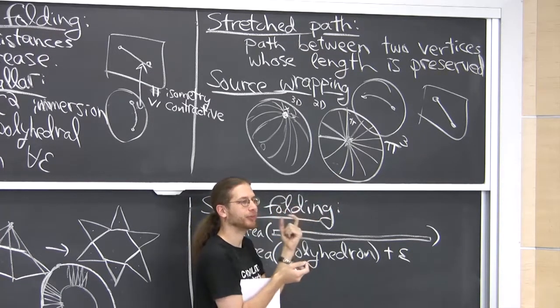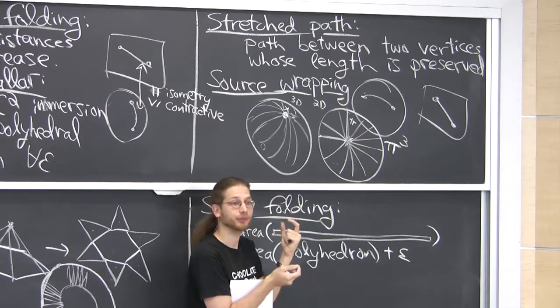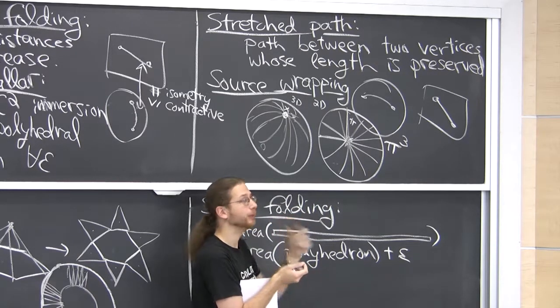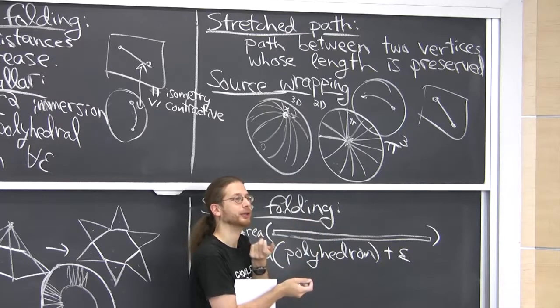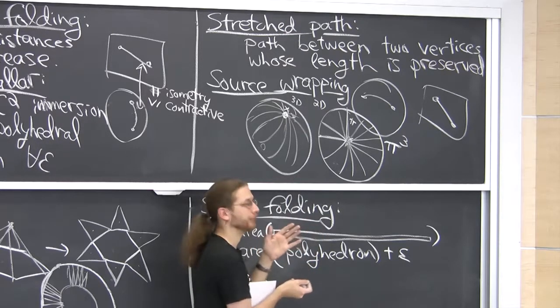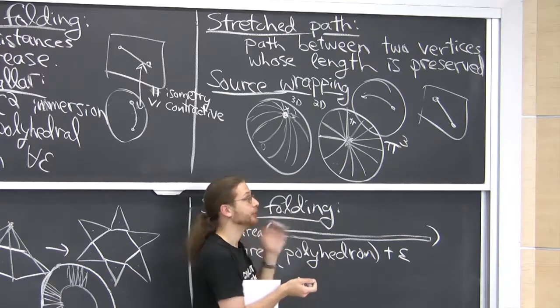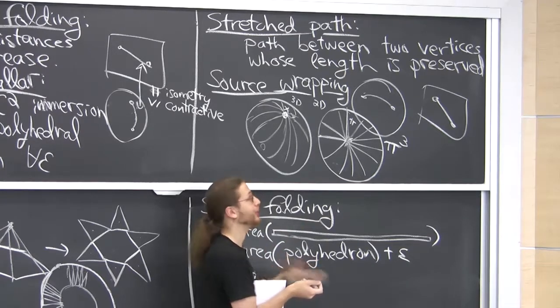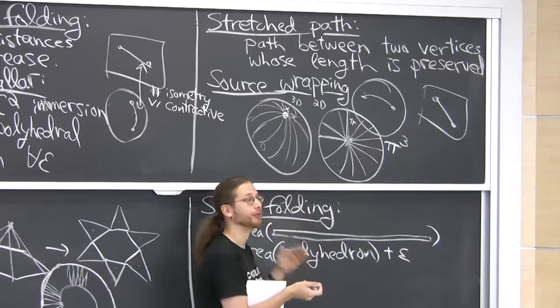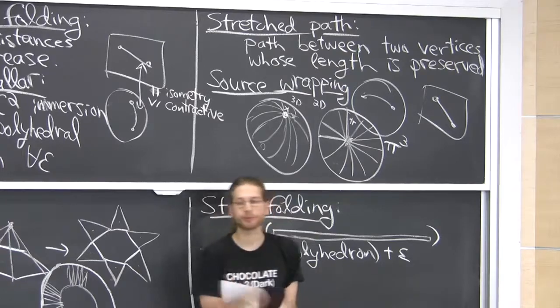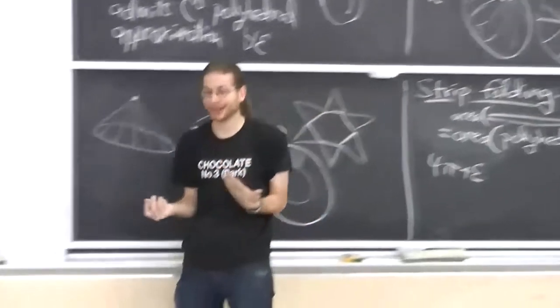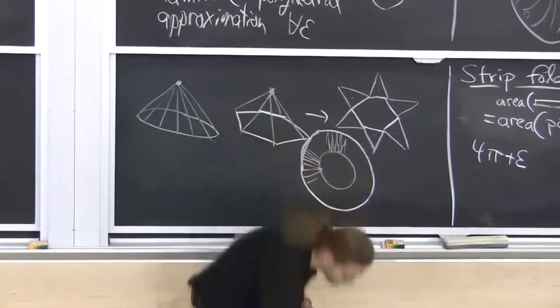How much area do you lose when you make your thing a little bit bigger? Well, it's roughly the perimeter times epsilon. It's a little bit different from that, but basically perimeter times epsilon. So if you minimize perimeter, then your area wastage from double coverage will go down. So really what I want is something that's low area and low perimeter.